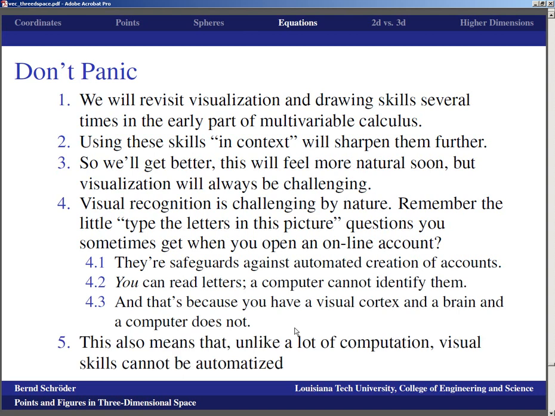And so that also means that unlike a lot of computation, exactly these visual skills, which feed directly into modeling, which feed directly into scientific invention and the like, these skills cannot be automatized. And I'm putting a 'yet' behind that because, of course, there are very smart people working on computer vision, computer visualization, and so on, because it can help greatly in automatic face recognition if you're looking at tracking criminals, for example.